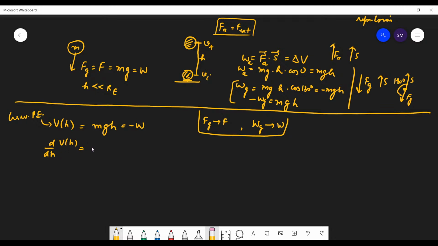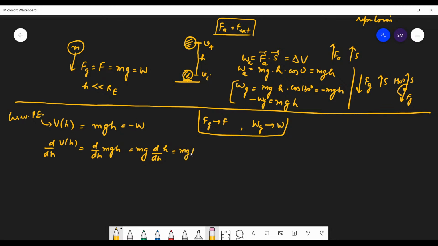So dV by dh is equal to, differentiating both sides, or you can simply put the value of V here, so we get d by dh of mgh. Now m is constant, g is constant, so they will be outside, and this is dh by dh. So the power is 1, 1 will come in front as coefficient, and 1 minus 1 is 0, and h to the power 0 is 1. So that is why mg times 1.